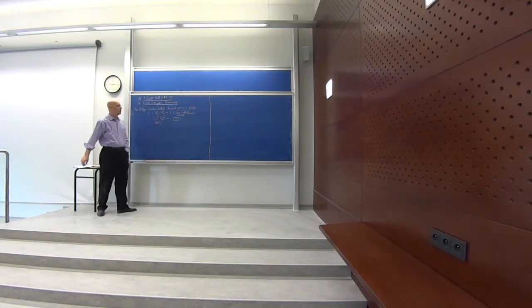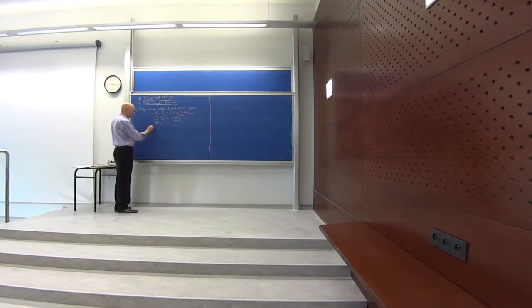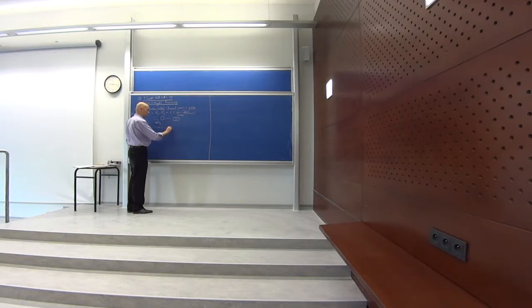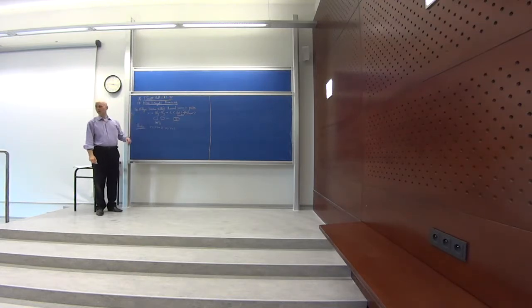Okay, so what does positive mean? Positive is very simple: <v, v> equals 0 implies v equals 0. This is positive. This statement is highly non-trivial.